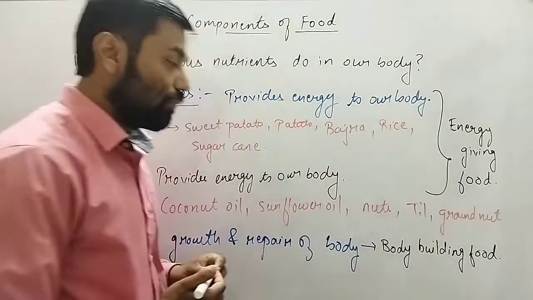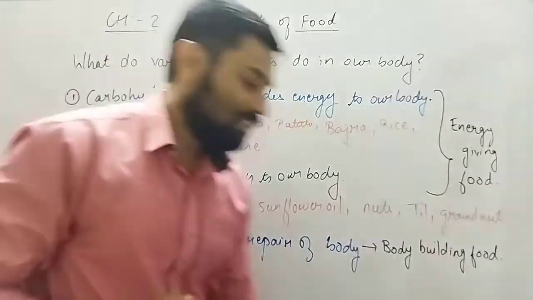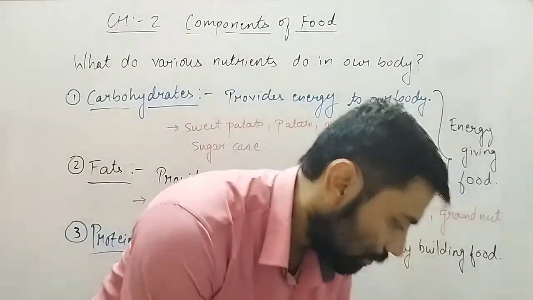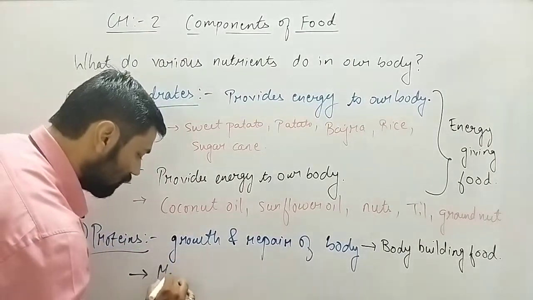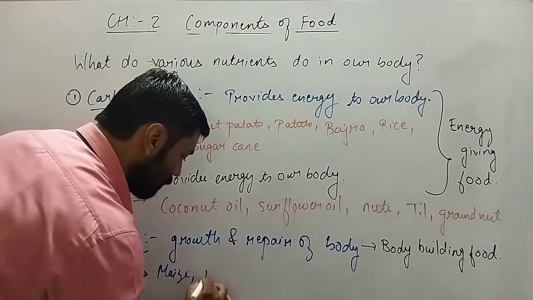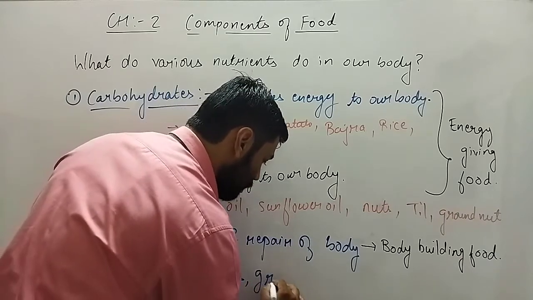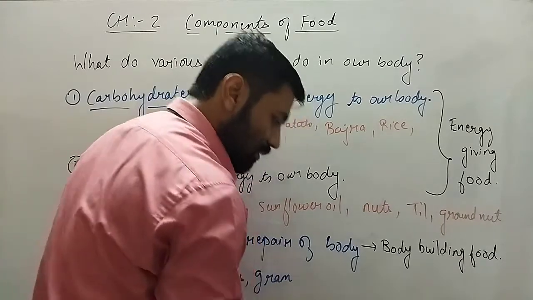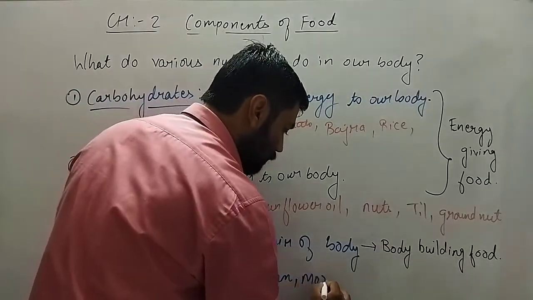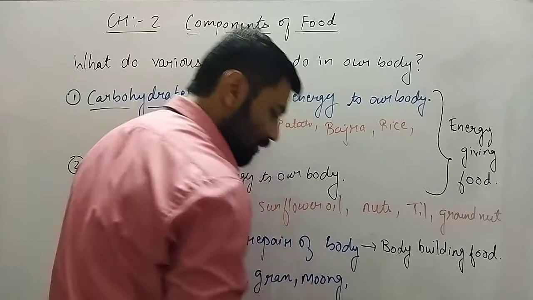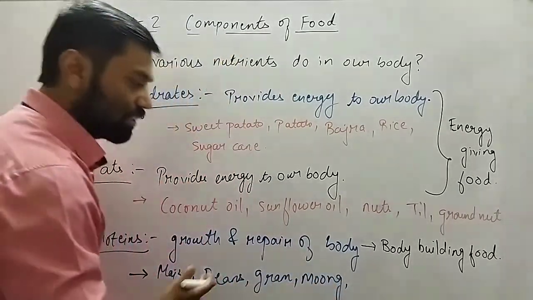Let us discuss a few examples from which we get protein. We get it from grains, you can say maize, beans, gram, and then you can get it from moong. These are plant sources.